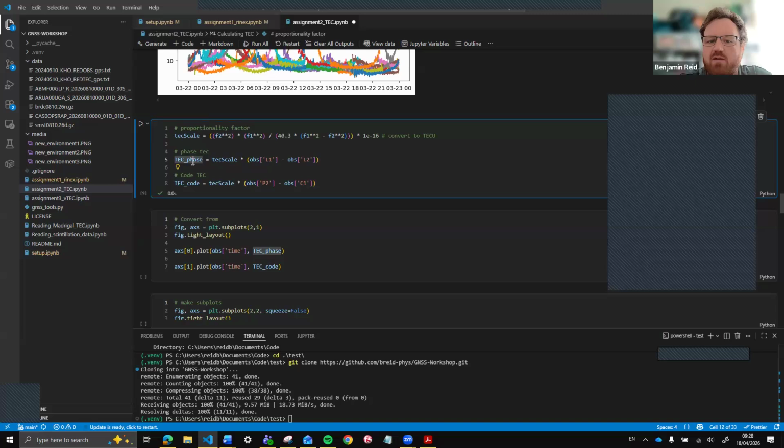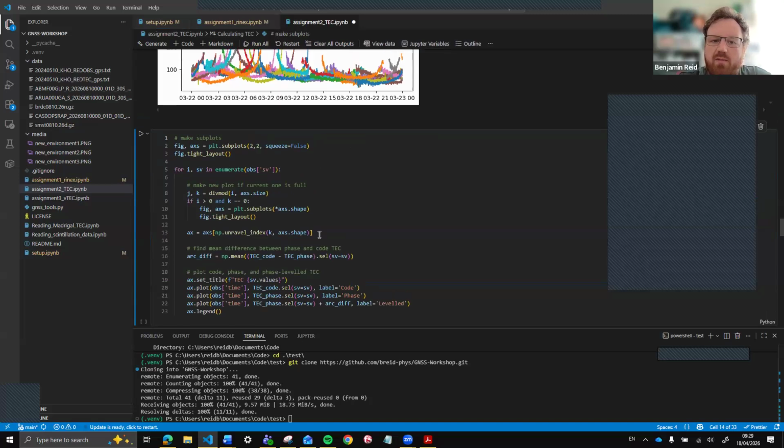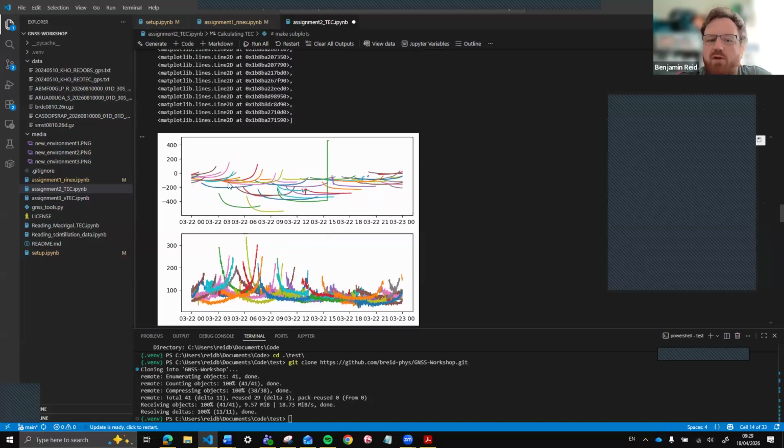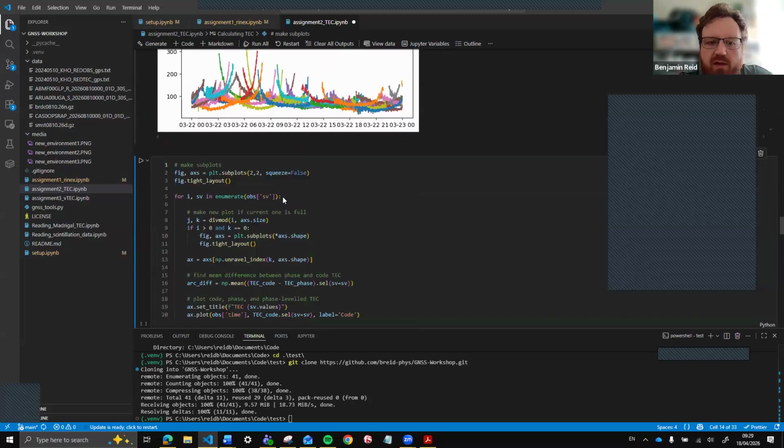We can use xarray to do all this indexing for us, but the phase TEC and the code TEC are right there, and it's easy enough to plot them. Boom. Now they're in the right units, and apparently there are hundreds of TEC units here. But this is partially the biases, which we'll get into a bit later. Now these are both in TEC units, which is nice.